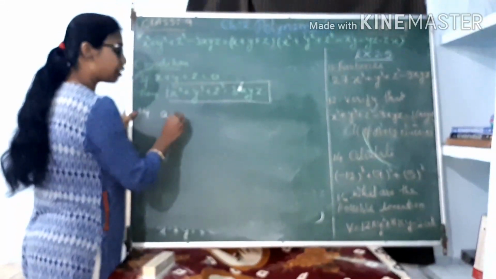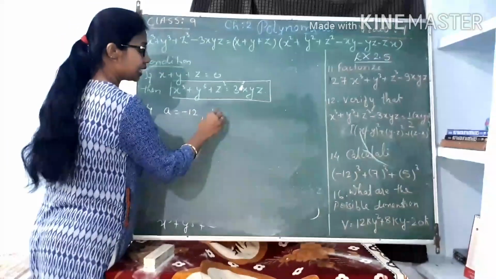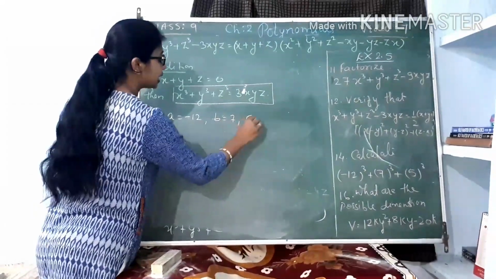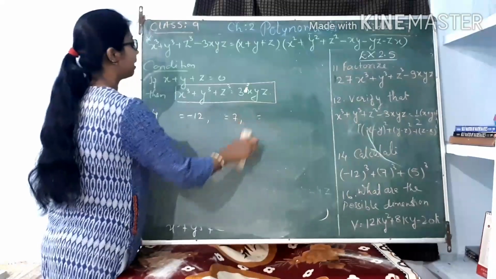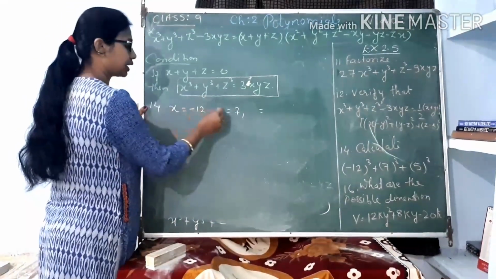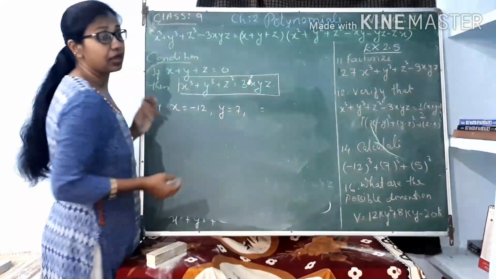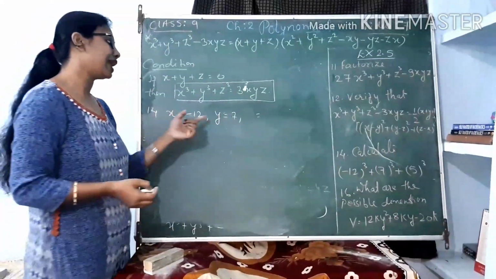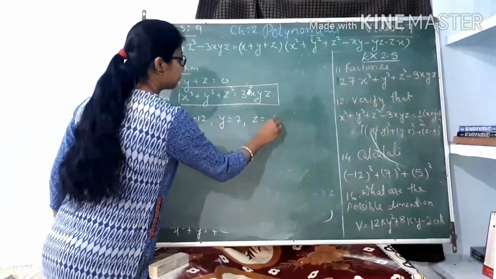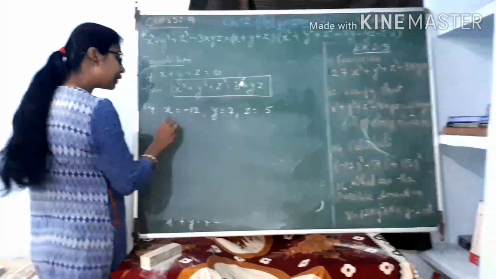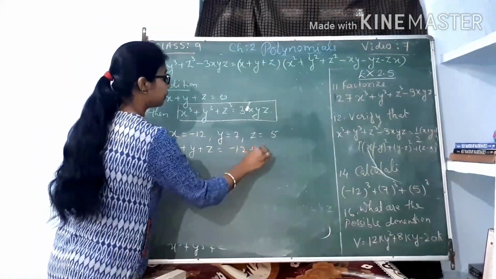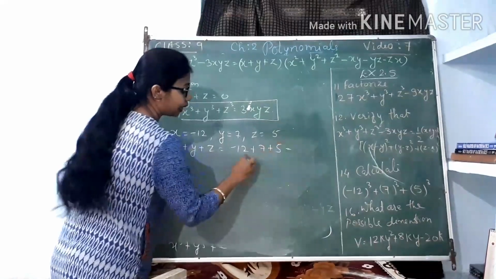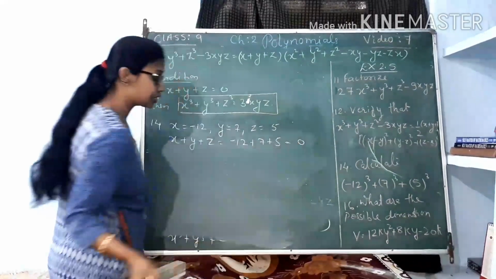The value of A is minus 12, B is 7 and C is 5. Let me denote these by x, y and z. What will you get if you add all three? Minus 12 plus 7 plus 5, and minus 12 plus 12 gives you 0.